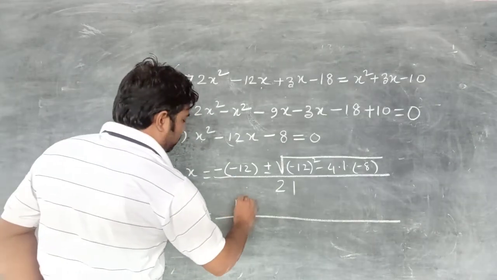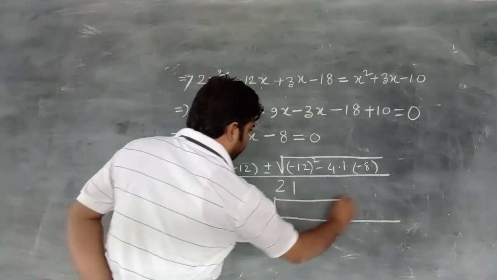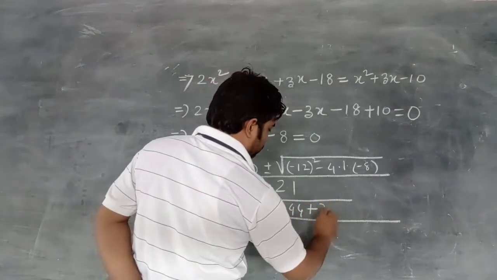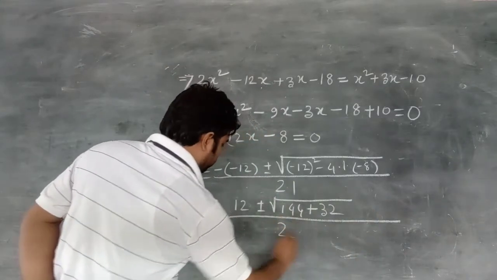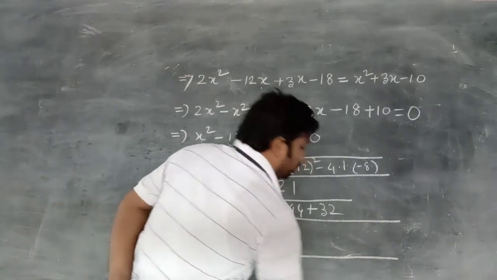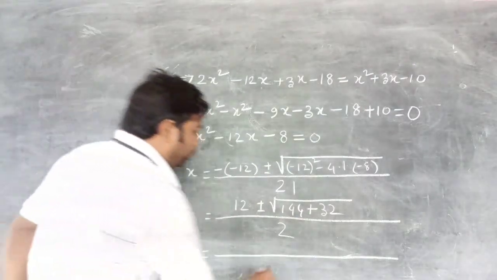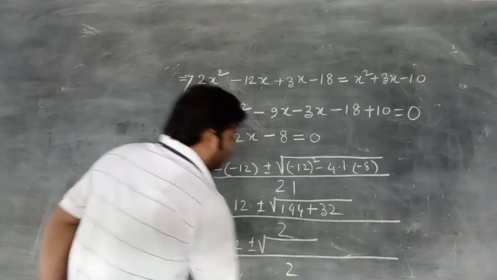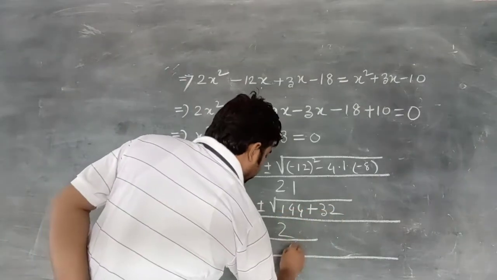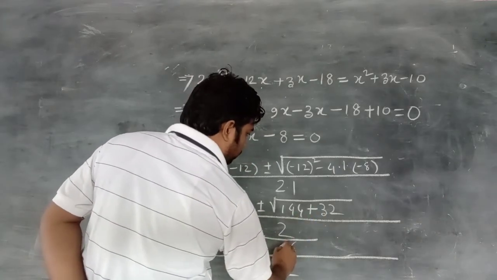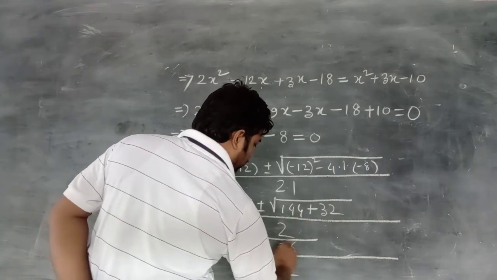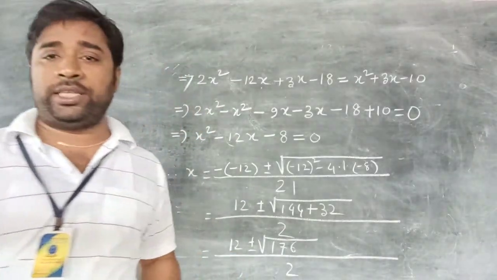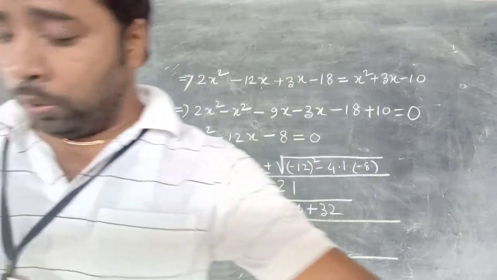Minus minus plus, so this is plus 12 plus minus root over 144 plus 4 8 32, by 2. So how much are you getting? 12 plus minus root over 176 by 2.